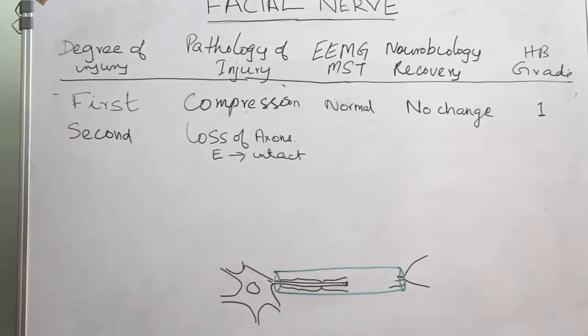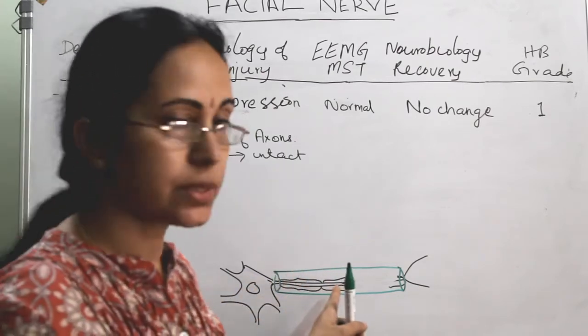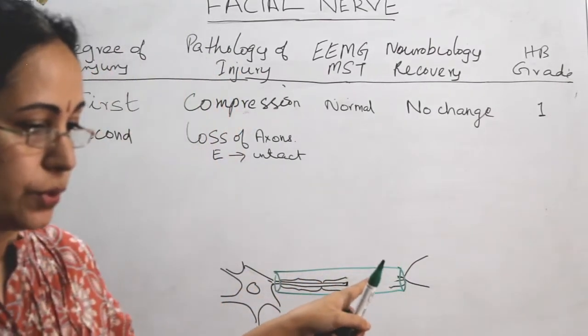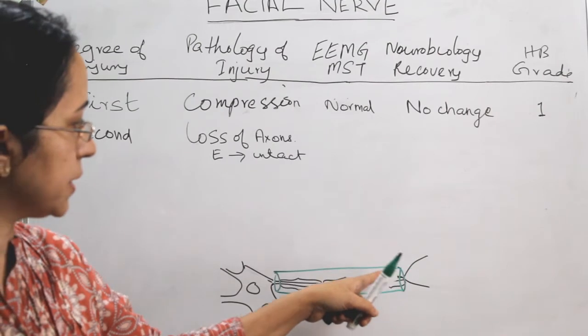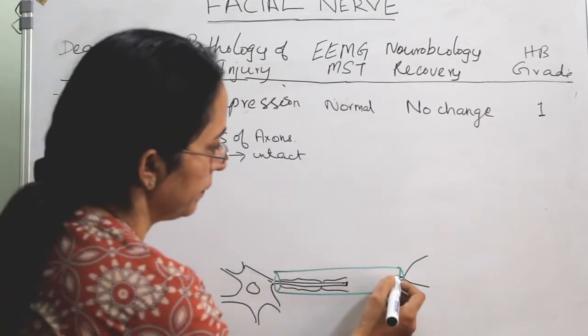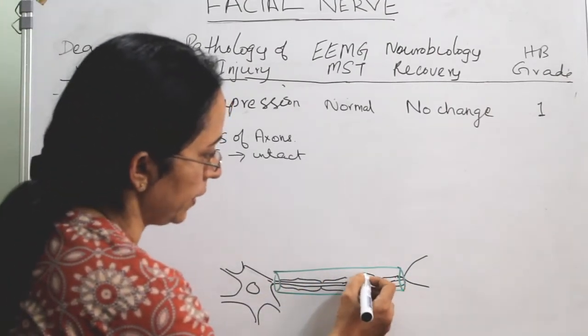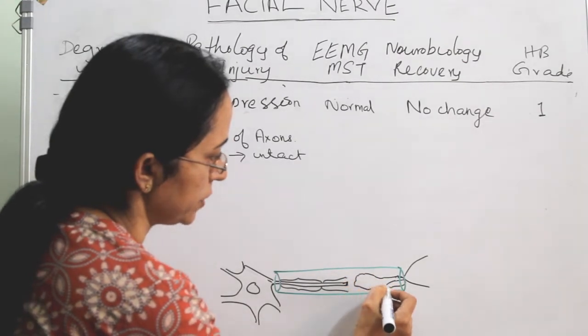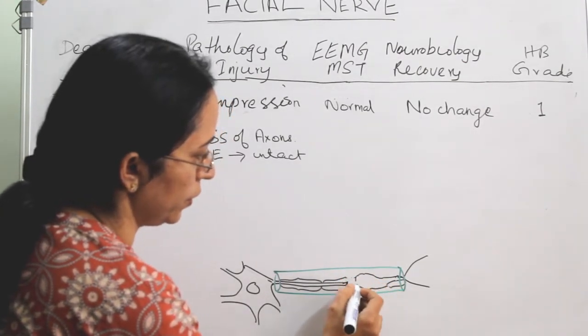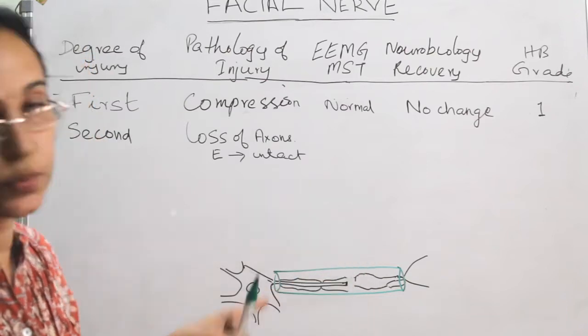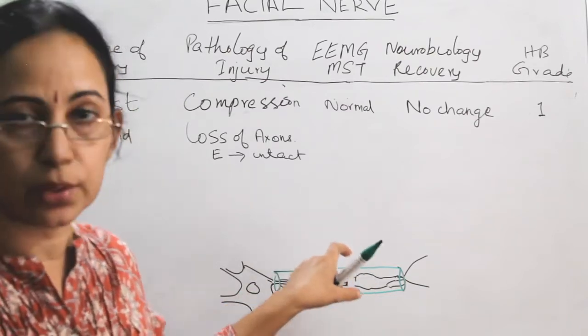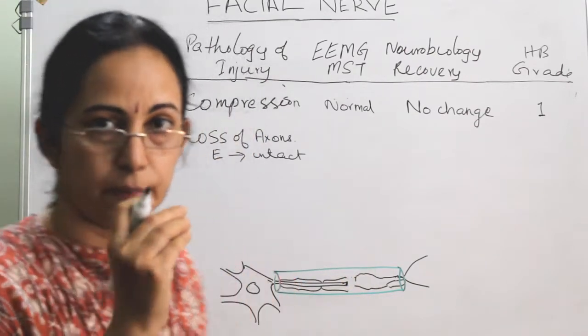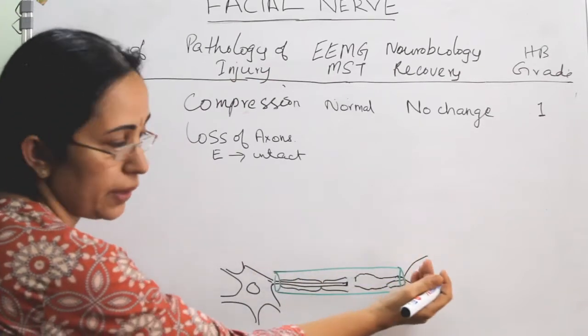So what will happen? These axons will grow into these empty myelin tubes. From here, axons will grow into this and fuse with this, because the endoneural tube is intact from the distal part.